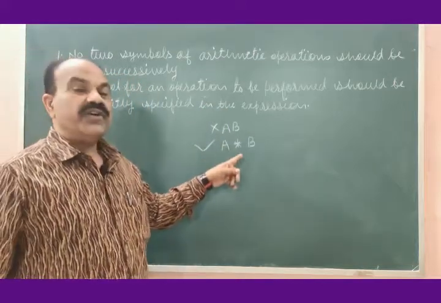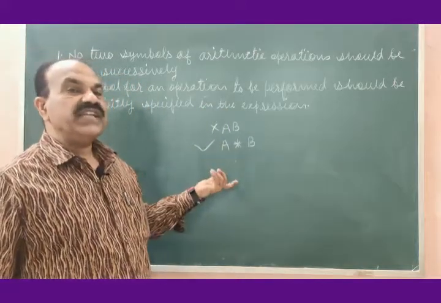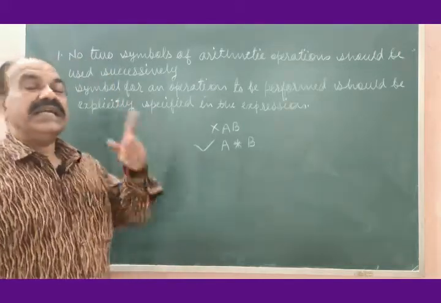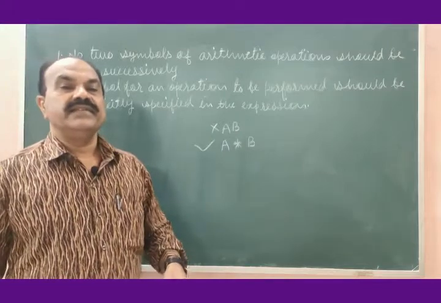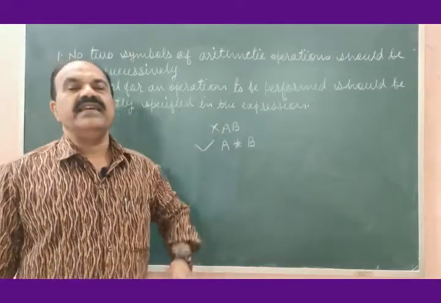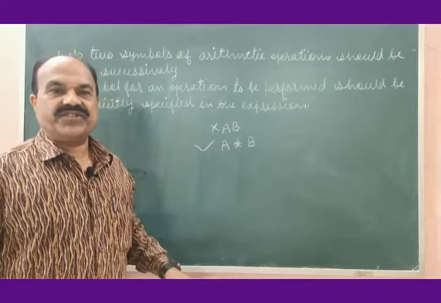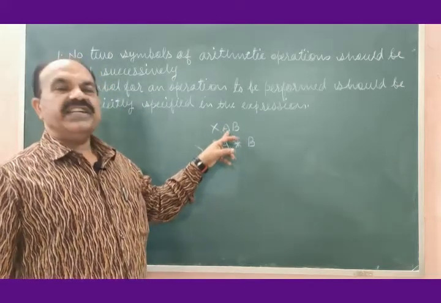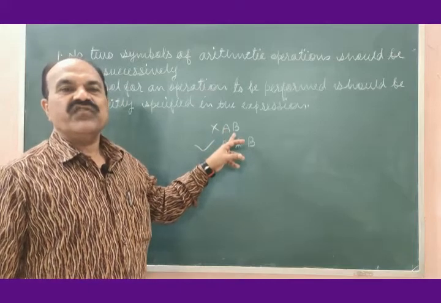So whenever you want to perform any operation in an expression, this symbol should be explicitly and clearly specified in the arithmetic expression. Otherwise, if you specify it the other way, it is invalid in Fortran.